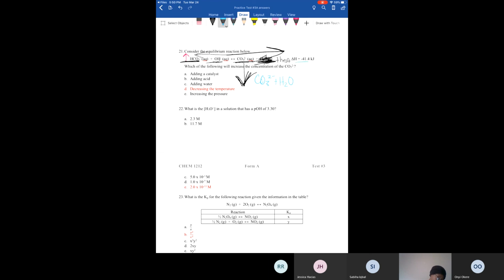But then it would change this, which doesn't really matter too much. So this here is your base, and it's going to react with whatever acid you add. It's going to get consumed. So pretty much, adding acid means decreasing this base's concentration.